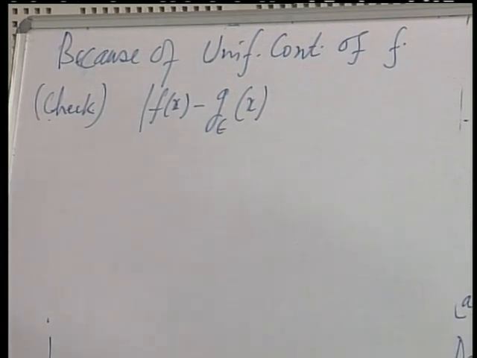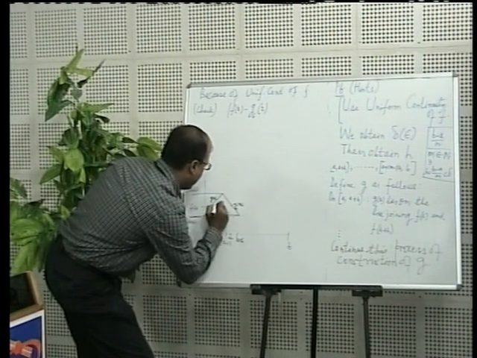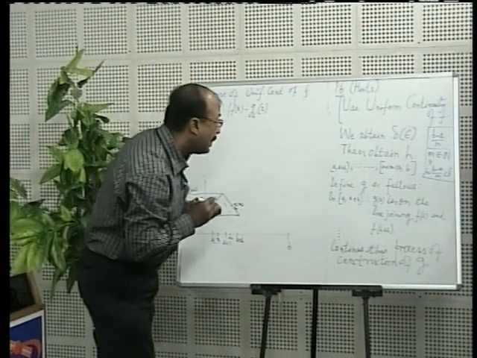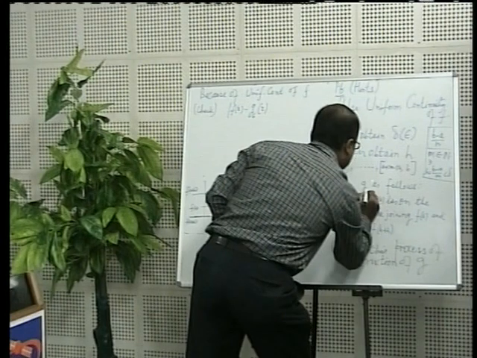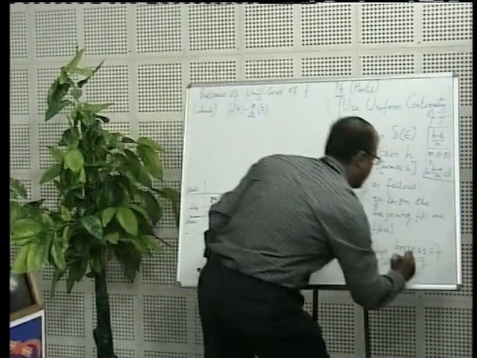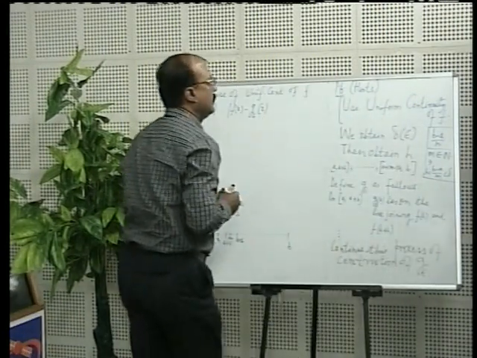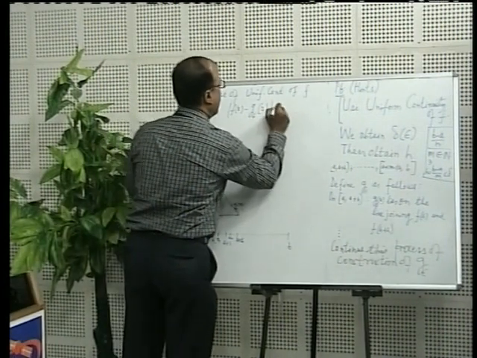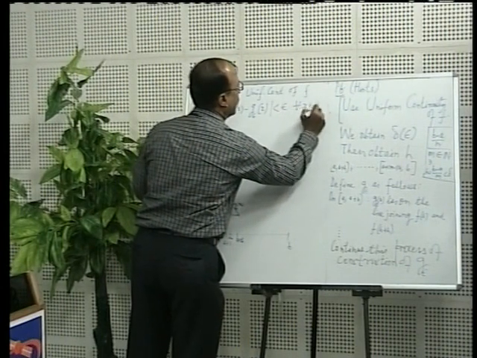Some student must have observed that I should have written g epsilon here, because I have given the notation g epsilon, just to emphasize that this g depends on the choice of epsilon. So check that this quantity is less than epsilon for all x belonging to I.